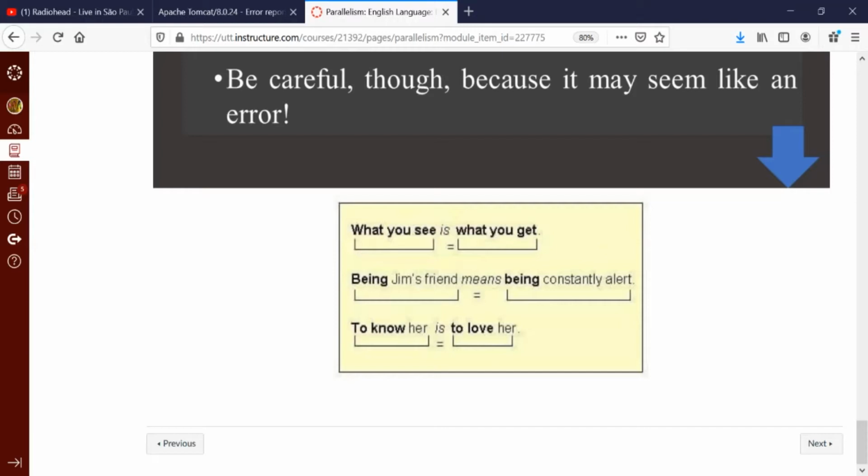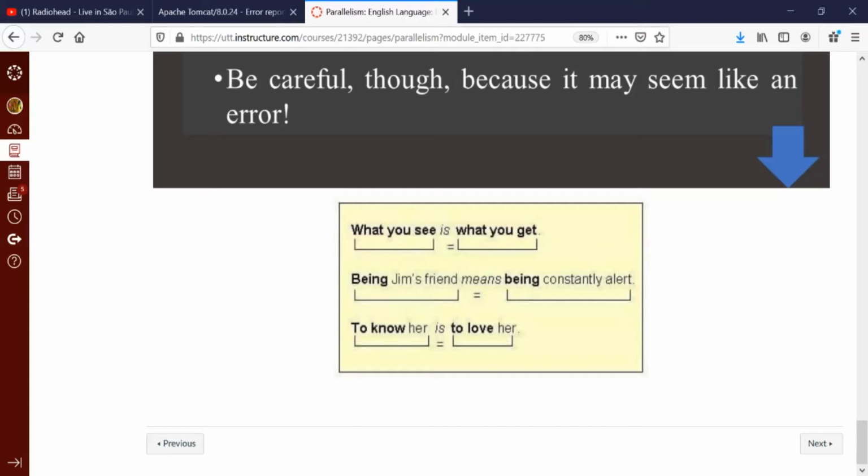So what you see: relative pronoun, personal pronoun, verb. What you get: relative pronoun, personal pronoun, verb.